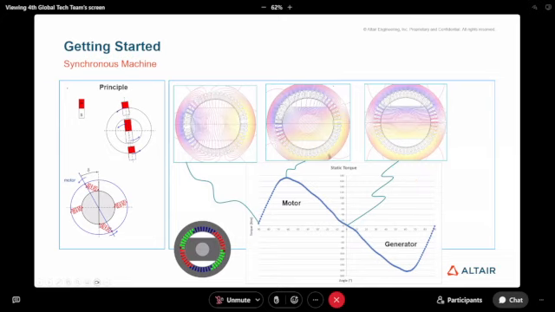Here, if we move it in one direction or the other, it will directly go in that direction or the opposite direction. Here as well, it's a balanced position where if you move it in one direction or the other, it will come back to its initial position. But we have zero torque in both positions.